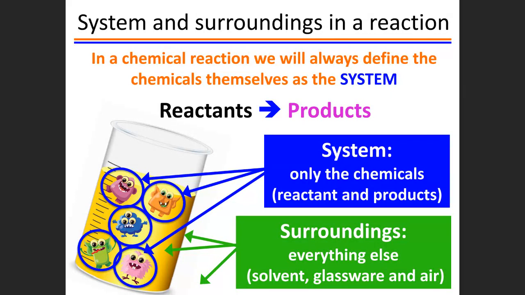So the system and what is out of the system, the surroundings. In chemical reactions, we will always define the chemicals themselves as the system. That means reactants or products are the system. Except reactants and products, everything else is surroundings, for example, the solvent, glass, oil, and air.